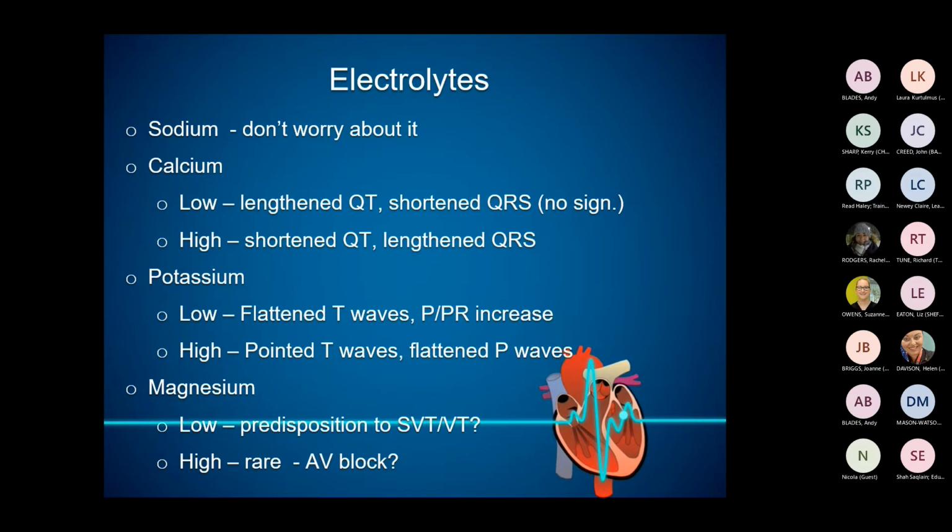Now, what we alluded to when we looked at the action potential was that we need potassium and calcium to be in equilibrium. Having however much potassium we have, we need to account for that calcium level. So the reason why we give calcium gluconate is to stabilize the myocardium, but more to stabilize the membrane potential. It's to stabilize the effects of excessive circulating potassium. Otherwise, we would predispose our patients to more arrhythmias.